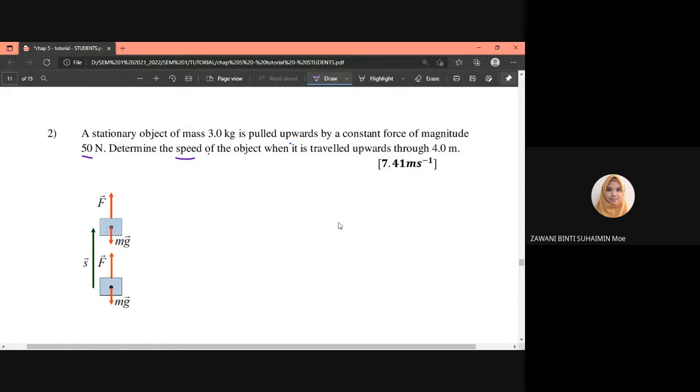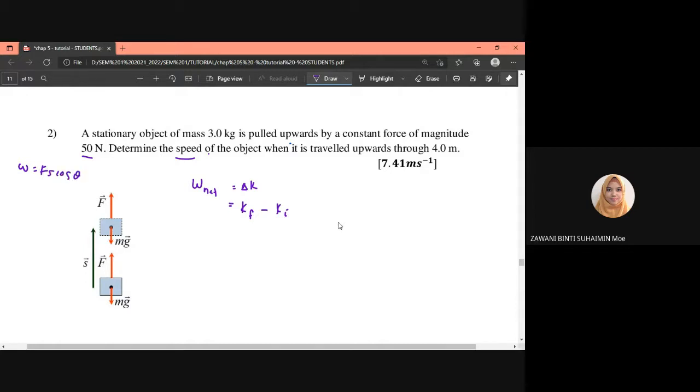Okay, so dekat sini, kita boleh menggunakan konsep work energy theorem lah, iaitu work net is equal to the change of kinetic energy. Maksudnya delta K lah. So delta K, kita ada K final minus K initial. Okay, so untuk kita kira work net, formula kita work is equal to Fs cos theta.